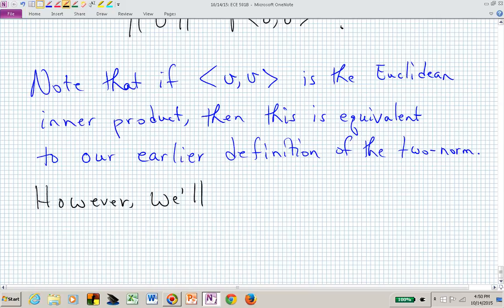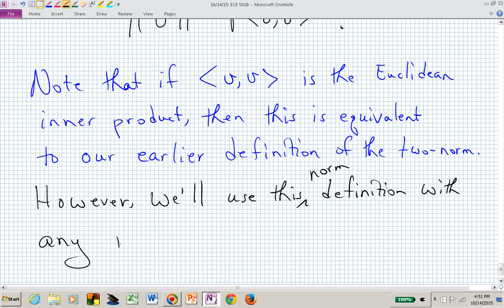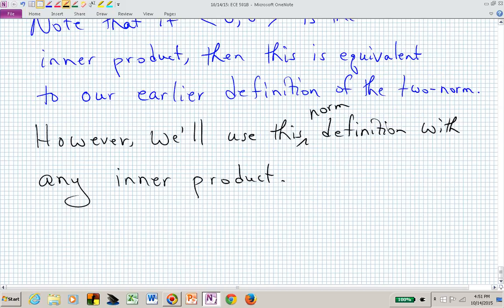However, we will use this norm definition with any inner product that we select.